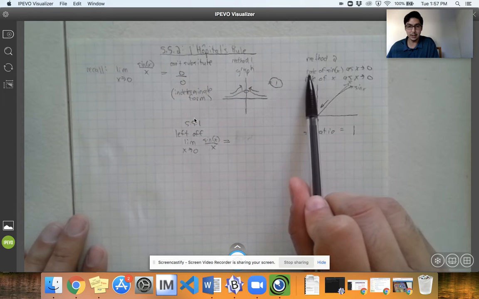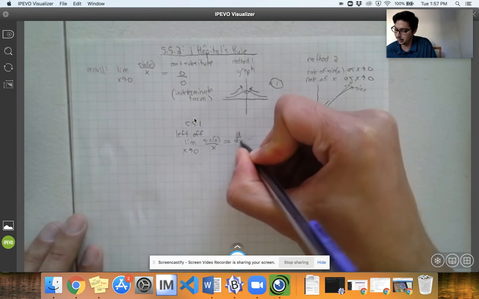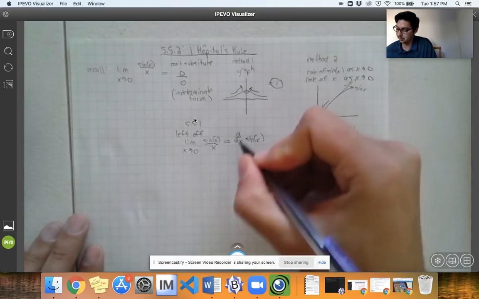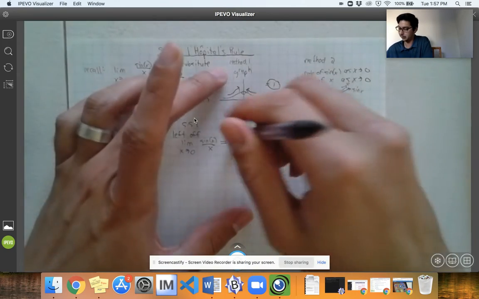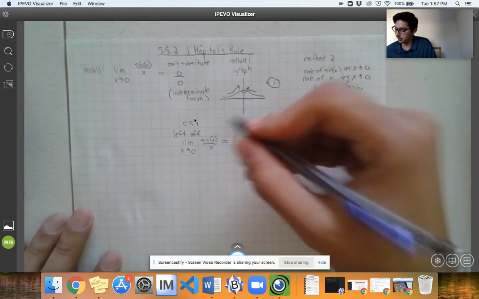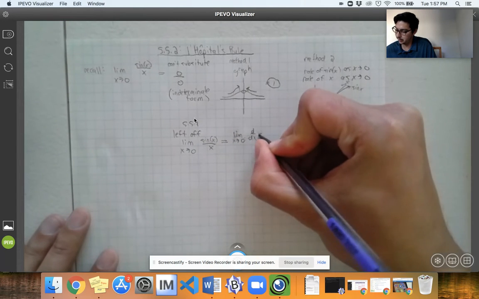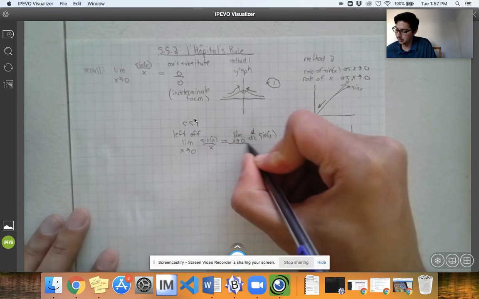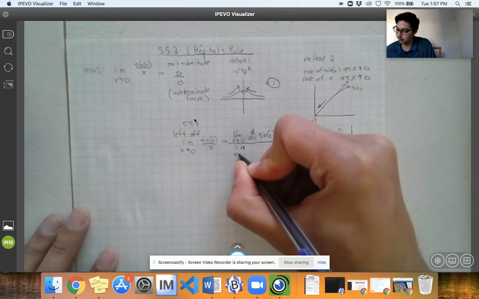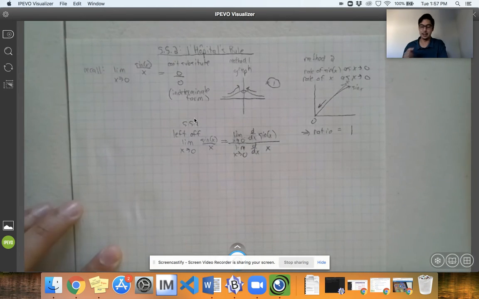But remember, the rate is the same thing as just looking at the derivative. So d/dx of sine of x. I forgot to write the limit, so I need to erase that. It's equivalent to saying, look at the limit as x approaches 0 of the derivative of that function, the rate, and compare that to the limit as x approaches 0 of the rate of the bottom function. And that's where we left off.